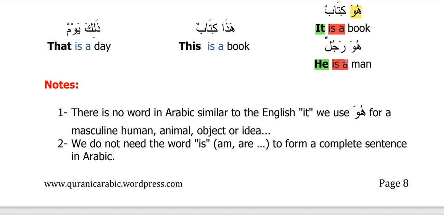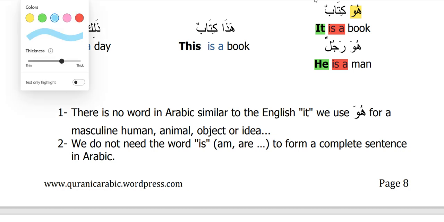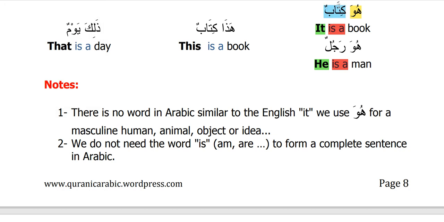So whenever you want to translate the Arabic sentence huwa kitabun into English, you should use "is" and "a" after seeing that the noun is definite or a nakira. So here it's a nakira noun, so you will put an "a" here. A book. A man. So that's how the Arabic goes.